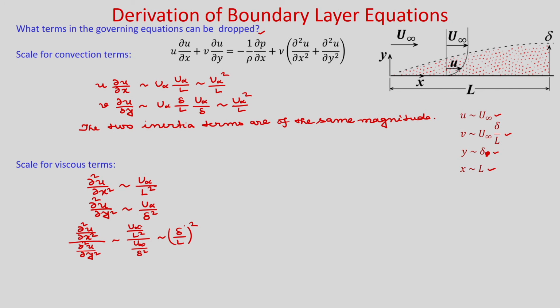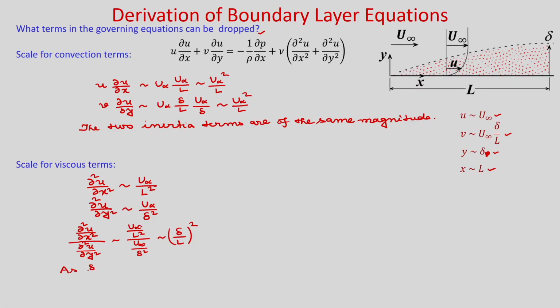We have already assumed that delta by L is much smaller than 1. So, from here you can see that del 2 u by del x square will be much smaller than del 2 u by del y square.